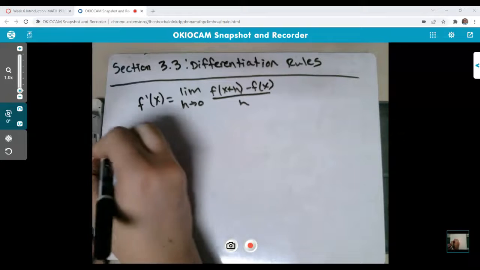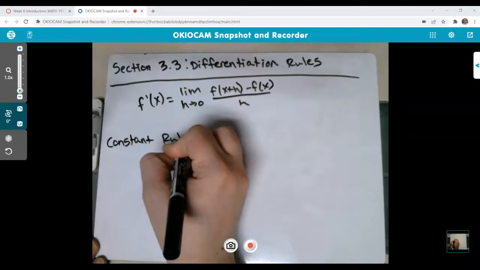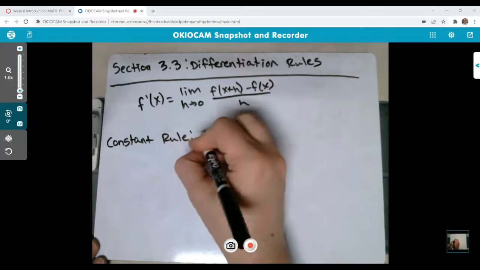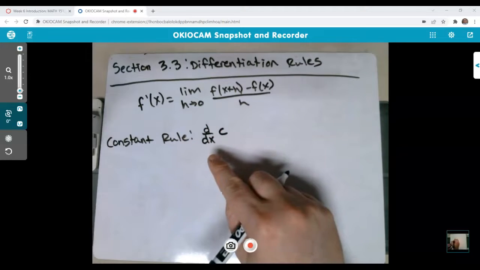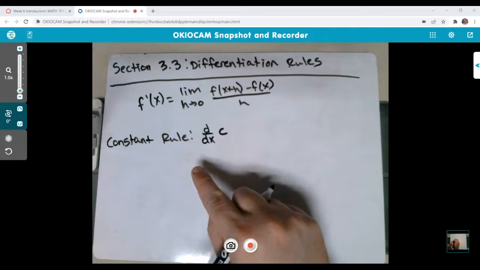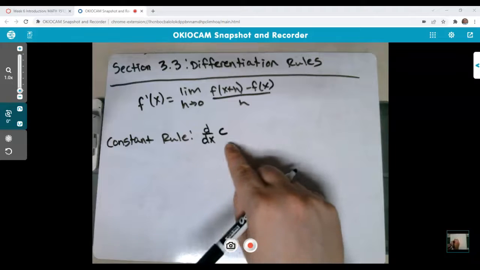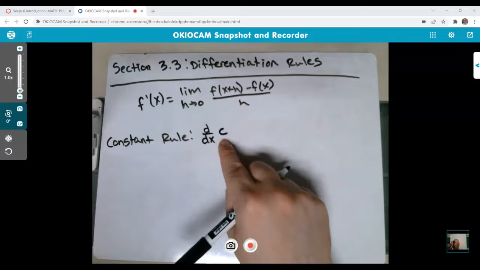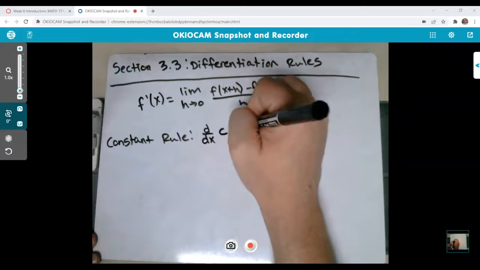The first one is the constant rule. That is the derivative of a constant, like the derivative of 2, the derivative of 8. This is a constant, okay? Whenever it's a constant, the derivative is always equal to 0.